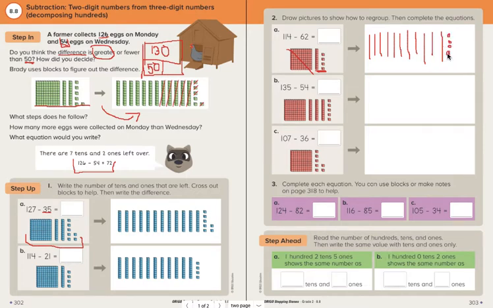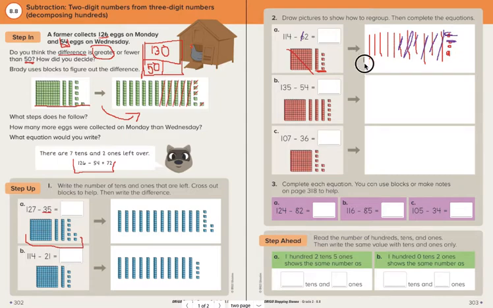Okay, now I'm ready to go. Now I can start subtracting. So now I need to take away 62. I'm going to take away 6 groups of 10. 1, 2, 3, 4, 5, 6. 6 groups of 10 taken away, and 2 ones. 1, 2.